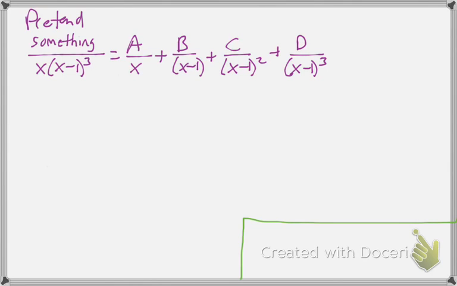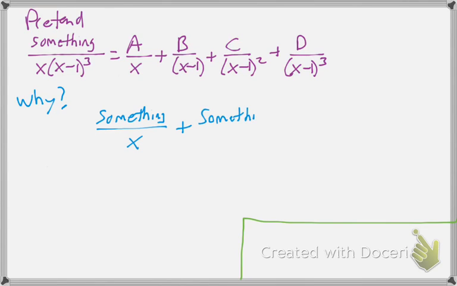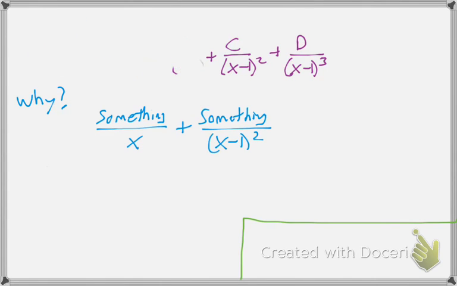The reason why you need this is because, let's say you had something over x plus something over x minus 1 squared. So I'm going back to the squared one. I don't care anymore about the hypothetical cubed one.